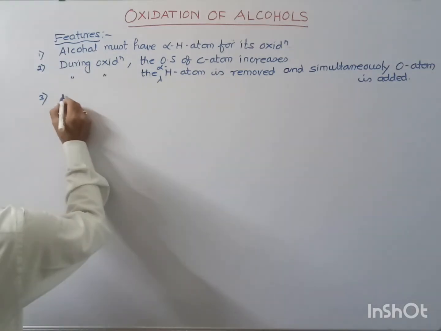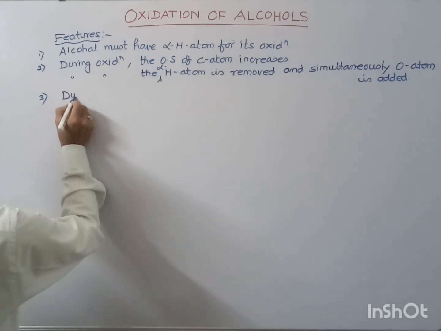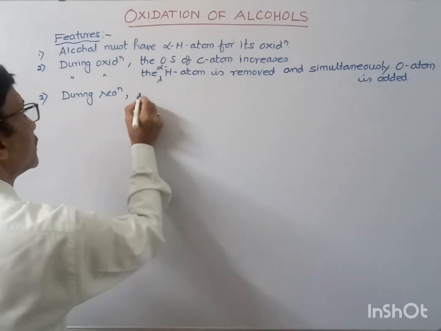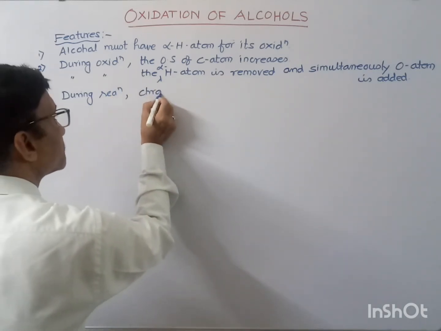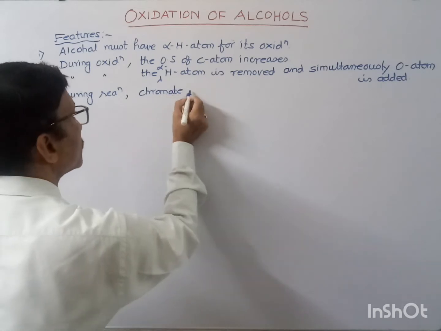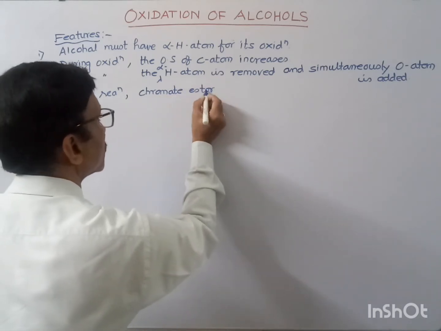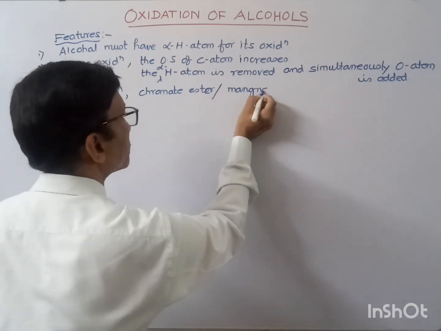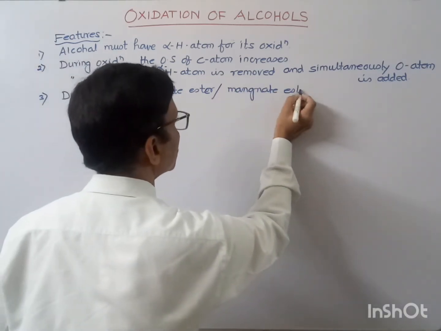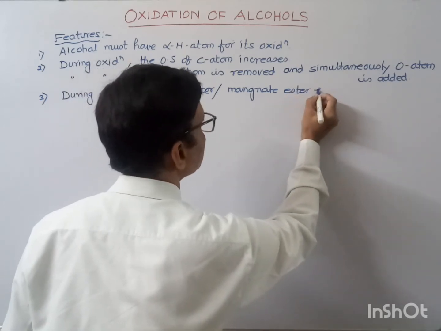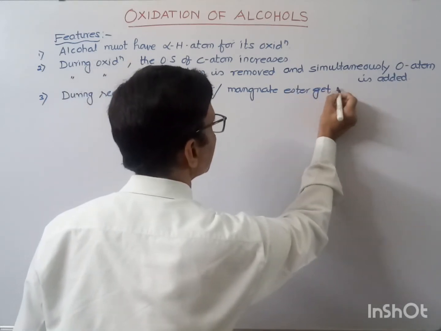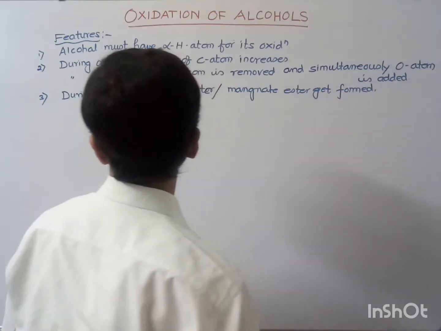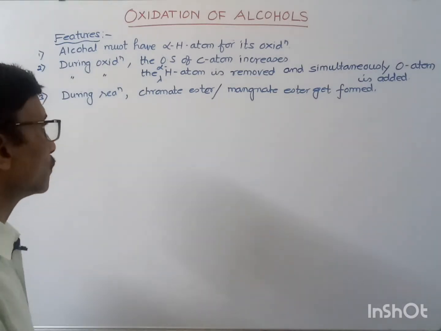So during the reaction the chromate ester or this manganate ester gets formed. These are some of the features for the oxidation of alcohol.